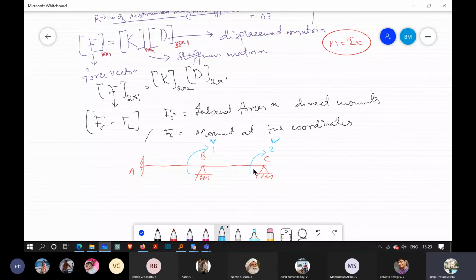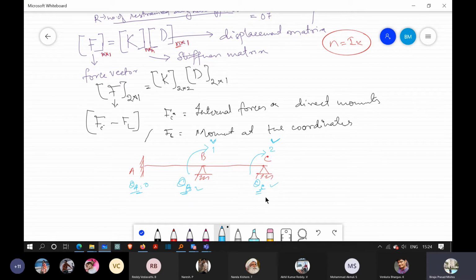So this is theta B and theta C. Theta B and theta C are unknown. Theta A is 0. Why is theta A 0? Because A is a fixed end. So theta B and theta C we are supposed to determine.